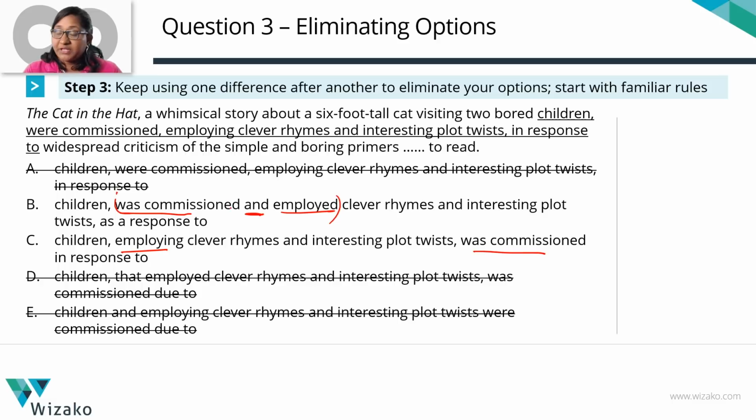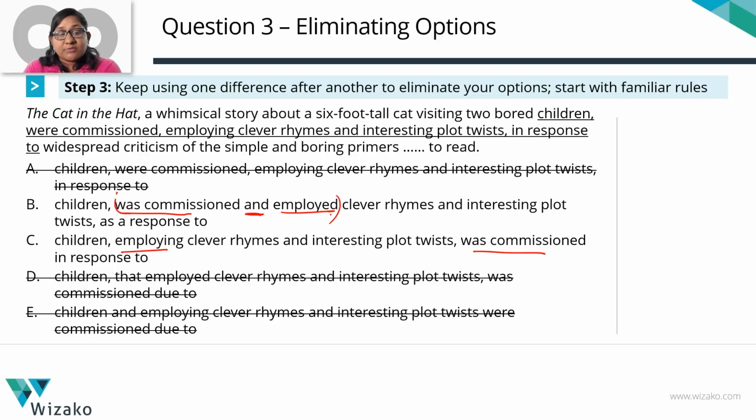The employing of clever rhymes was done as a response is what you're saying in B. How did we respond, rather, to the widespread criticism? By getting this book done. That's it. The commissioning was a response to the criticism, but the employment of clever rhymes and interesting plot twists is simply a feature of the book. It is not really something that was done as a response to the criticism.